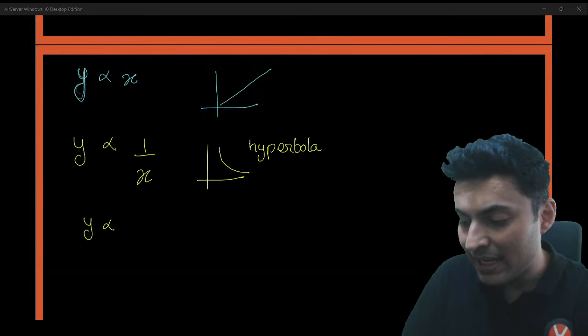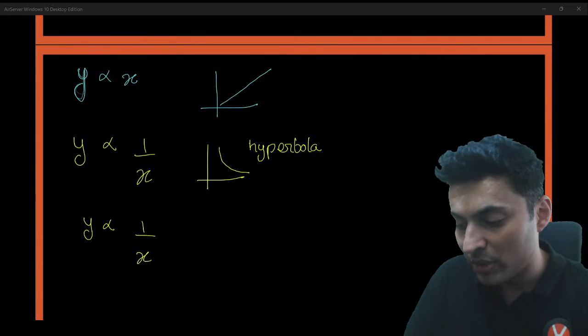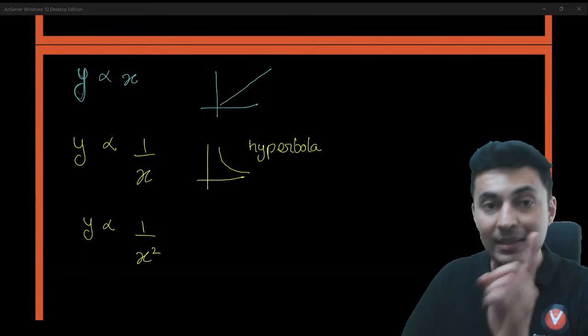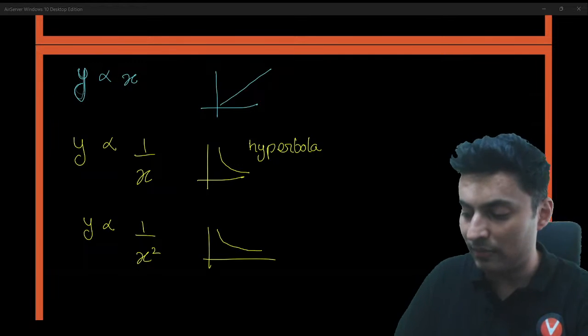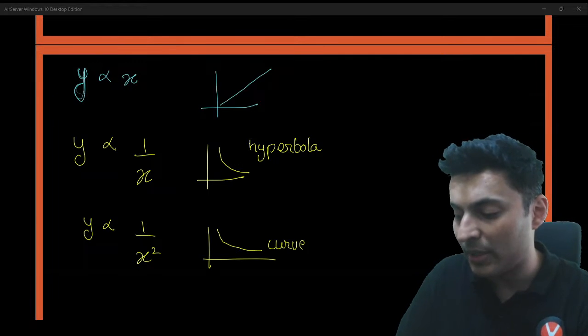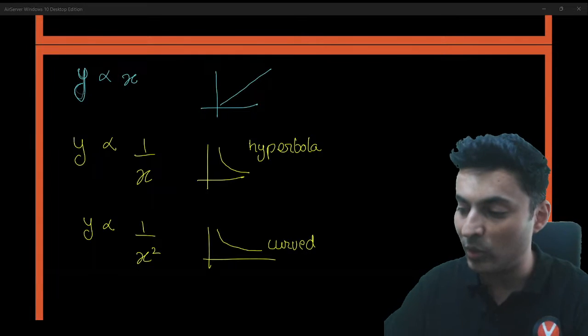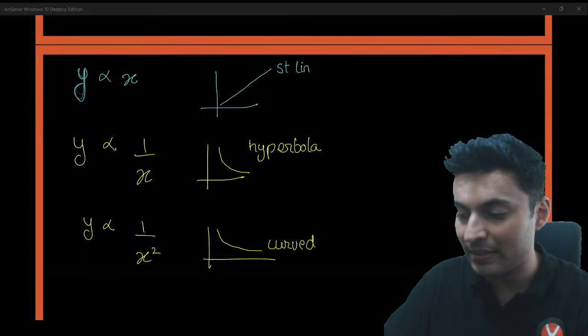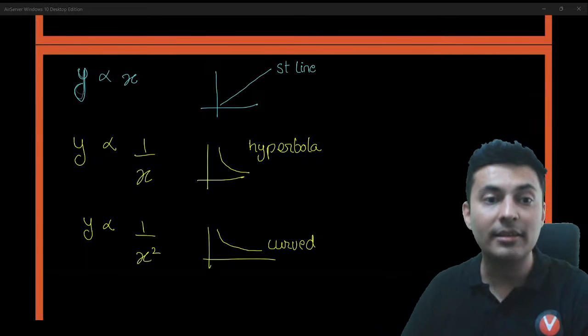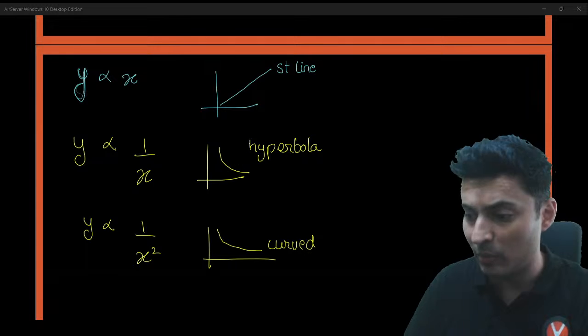But when y is inversely proportional to x square, the graph is still curved, but it is not a hyperbola. Please keep that in mind. The first case it was a straight line, second case it is a hyperbola, last case it is a curve, but it is not a hyperbola.